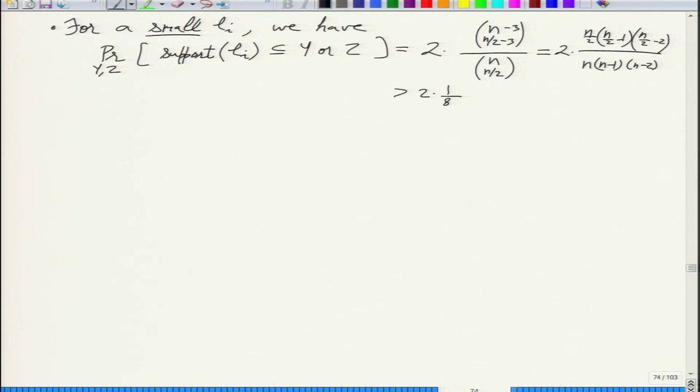So let me not venture into its exact calculation, just say that this is very close to 1 by 4. But this is questionable, right? Because it actually depends on n. The probability will depend on n. Right, so n is asymptotically growing.